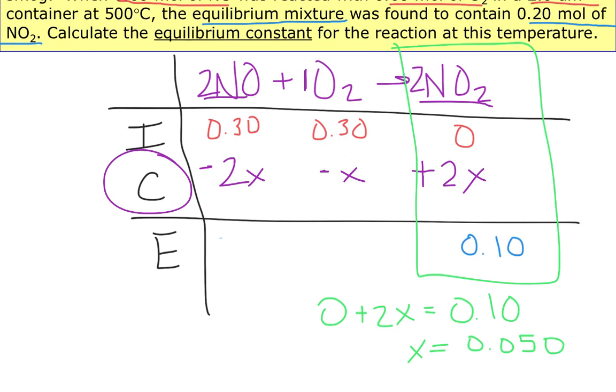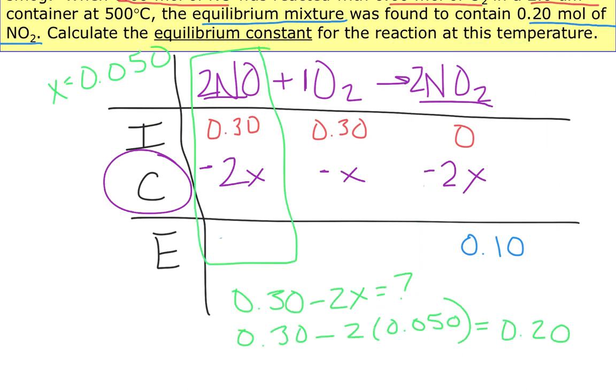So setting this up, we have 0 plus 2x equals 0.1, and so 0.1 divided by 2 gives an x of 0.05. Now we can use this x on the reactant side. First, let's use that for the nitrogen monoxide, so 0.3 minus 2x, and then if I let x be 0.05, but I double that to 0.1, 0.3 minus 0.1 is 0.2.